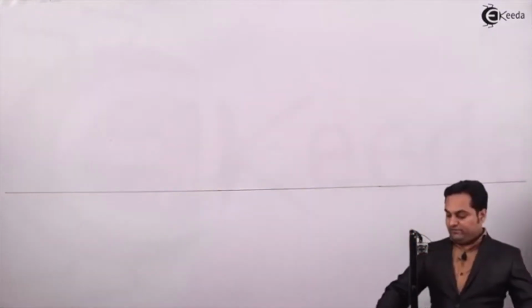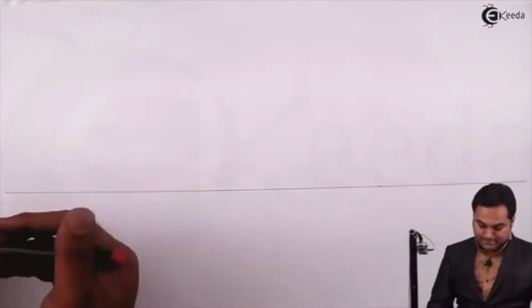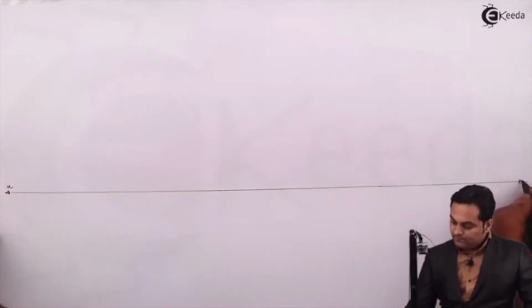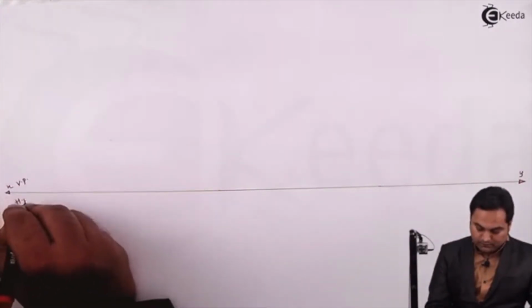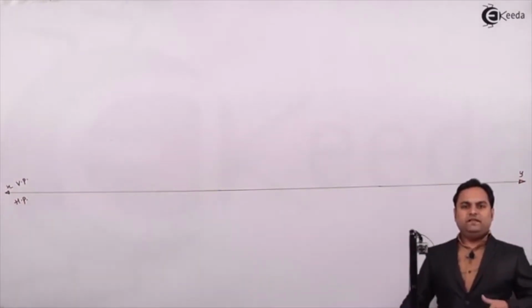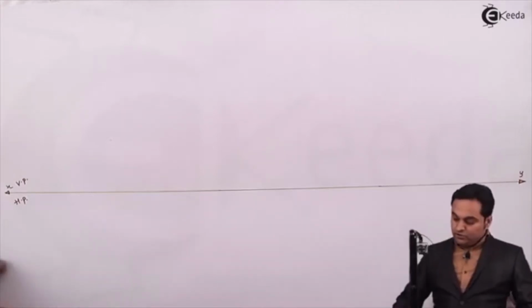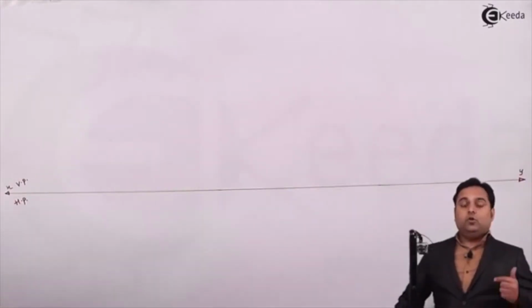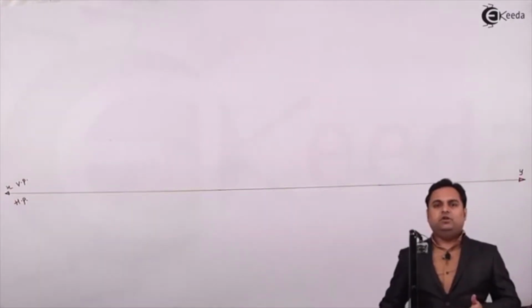So here we have XY line, VP and HP. Now that pentagonal base will be visible in HP. So I have to draw it in such a way that one of its slant edges is parallel to VP.